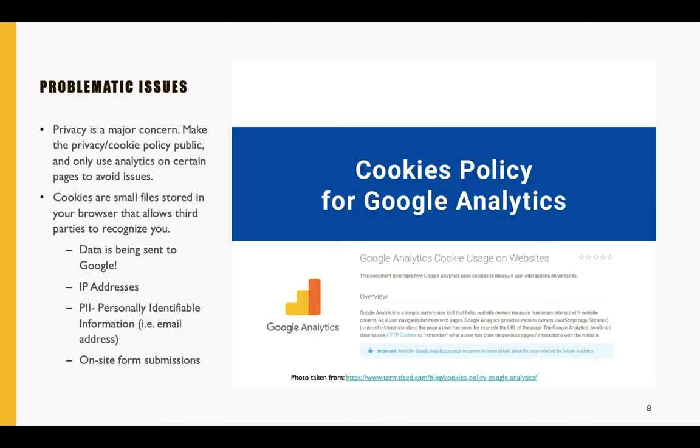So in order to avoid any issues, I recommend making the privacy and cookie policy public and easy to view. Do not use Google Analytics on pages where a user could submit PII, or personally identifiable information, such as their name, phone number, or email address, like on-site form submissions.